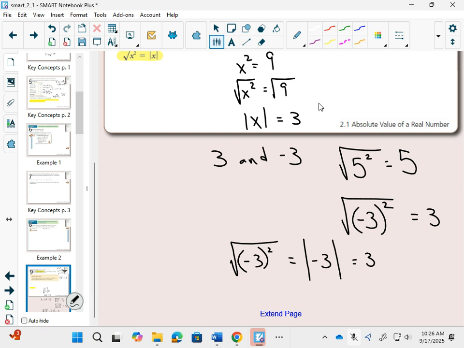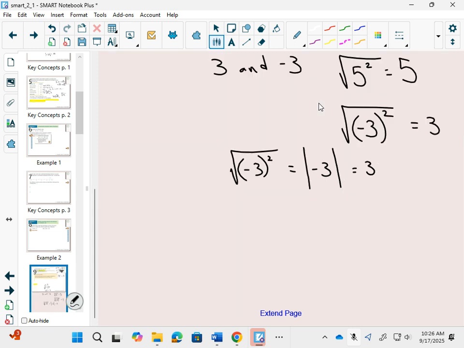If I know my answer has to be positive, and I want my square root and square to cancel out, I can make this negative 3 inside absolute values and then change it to positive. Because sometimes the math might not be pretty. Okay? Because technically, order of operations says you should do this first and then get to 3.